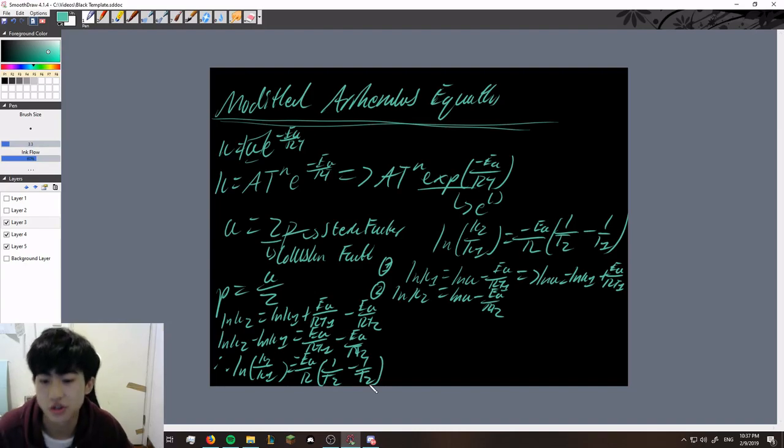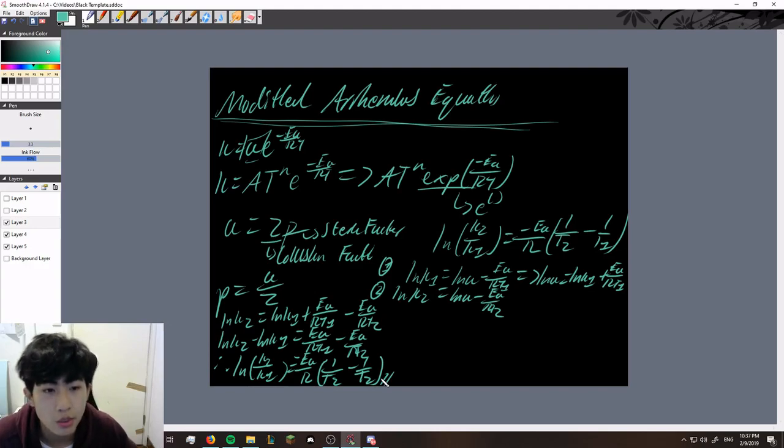Now this is also a very familiar equation, and it's widely used within the Arrhenius equation because it's just a rearranging of two possible scenarios. Two possible scenarios that come as a result of two different temperatures corresponding to two different rate constants.